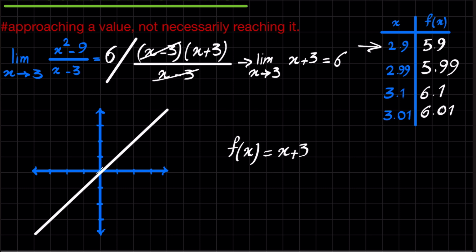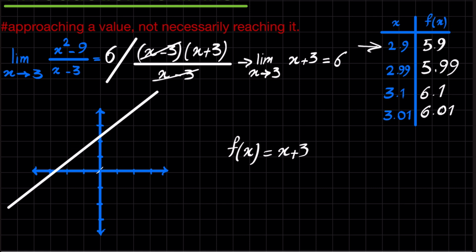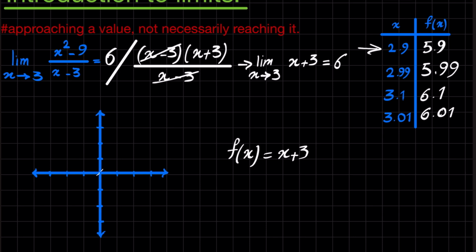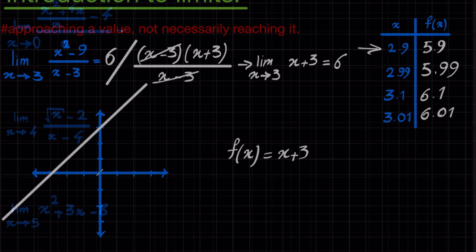And if we just shift it higher by 3, we're going to get this. Oh no, come on. So this is the graph of x plus 3, which is x squared minus 9 over x minus 3. And the limit of it is 6.